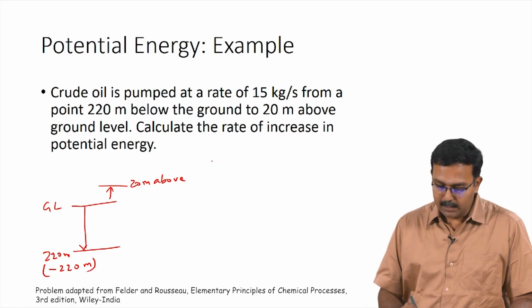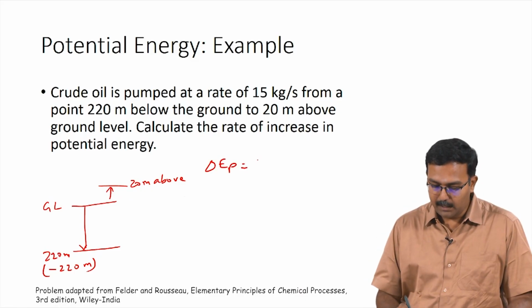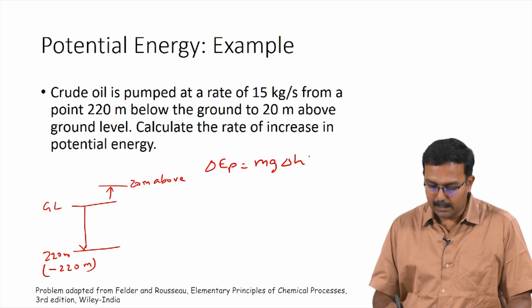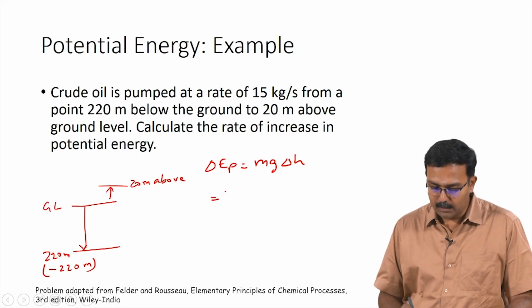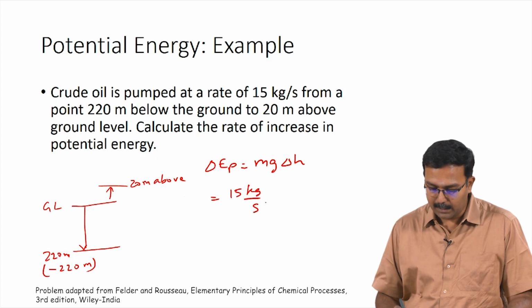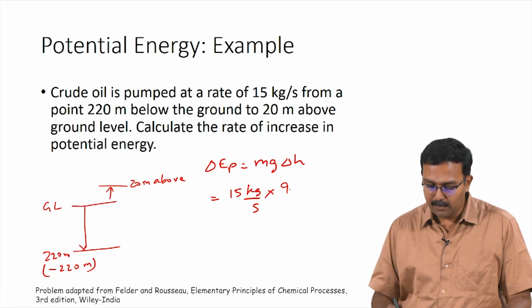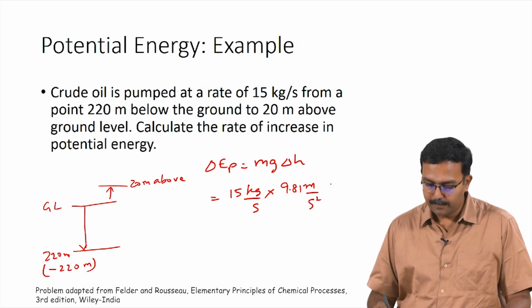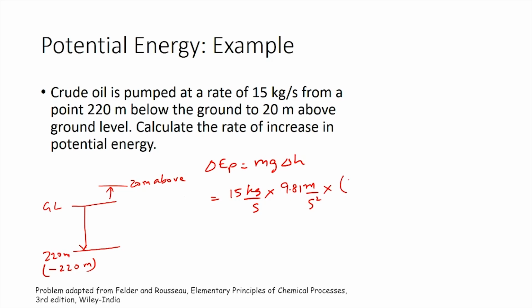Let us now calculate the change in potential energy, which is delta EP equals m g delta H. So, this value would be 15 kilograms per second times acceleration due to gravity, which would be 9.81 meters per second squared, times delta H, which is from the final value of 20 meters and initial value of 220 meters below the ground level, we get it as 240 meters difference.